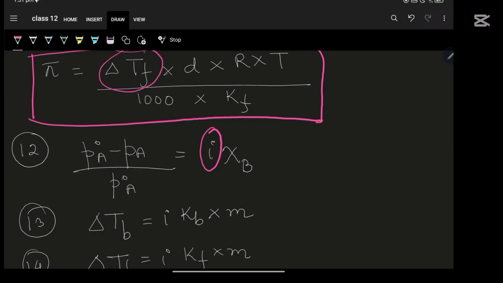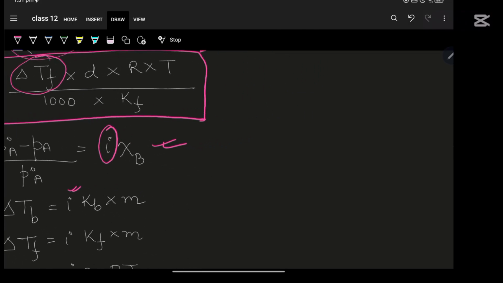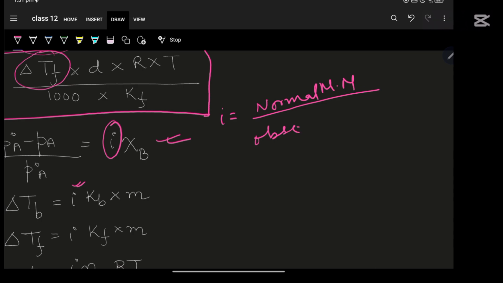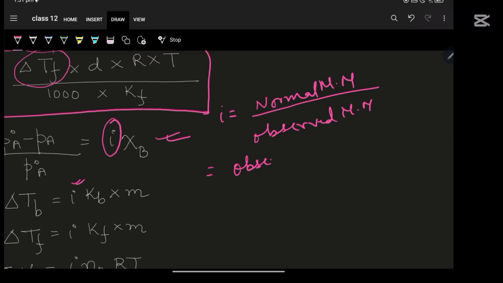So this modification of the colligative properties is just you multiply it by the Van 't Hoff factor i, and you should remember that i is equal to the normal molar mass divided by the observed molar mass or molecular mass, or you can say which is equal to the observed colligative property divided by the calculated colligative property, that is i.